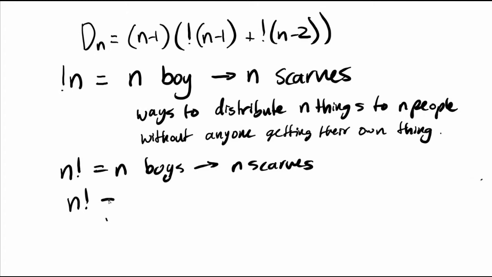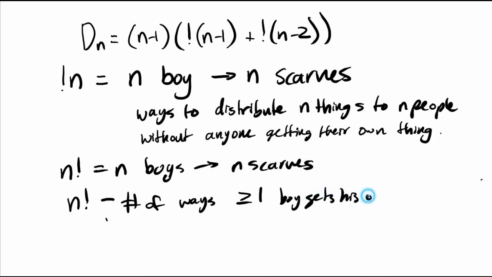If we use complementary counting and subtract away the number of ways at least one boy gets his own scarf, then we'll have the number of derangements from n factorial, because in derangements these cases aren't valid. So we want to count the number of ways at least one boy gets his own scarf.